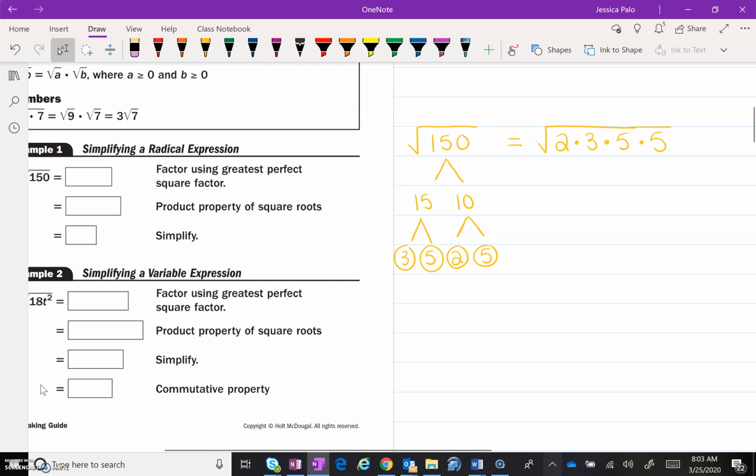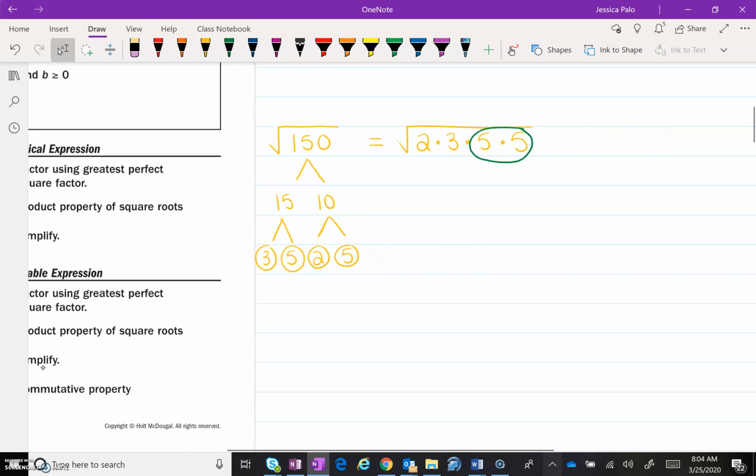Now, if you recall in the video, when the police showed up, everyone with a partner grabbed their partner and escaped. Anyone who didn't have a partner went to jail. So in this case, the factors that have a partner get to leave the radical. 2 and 3 do not have a matching pair, so they have to stay inside the radical.